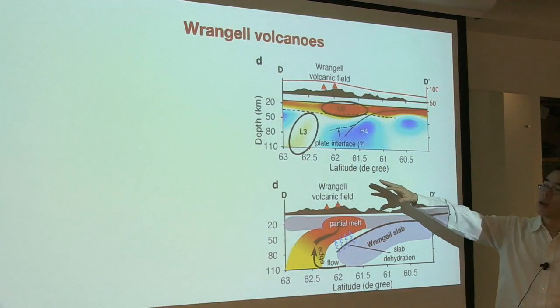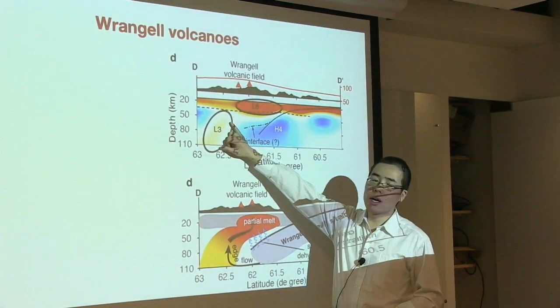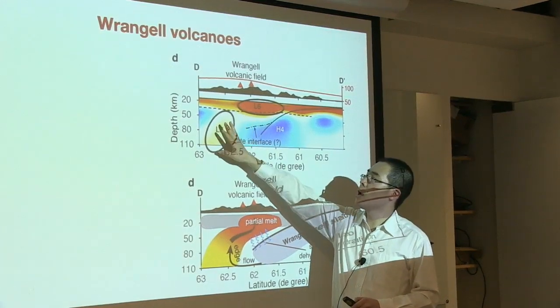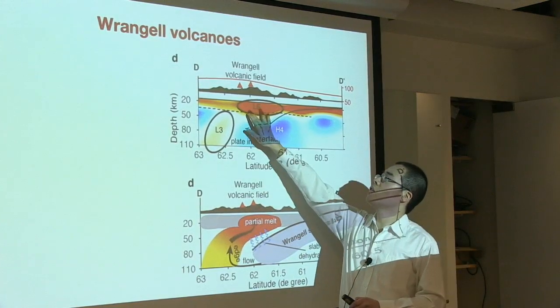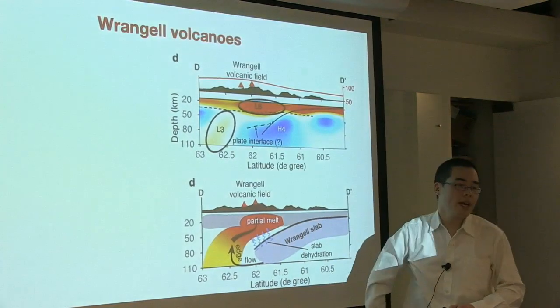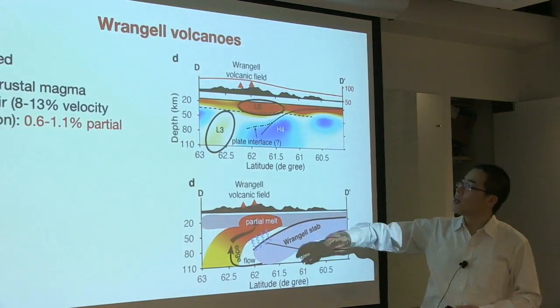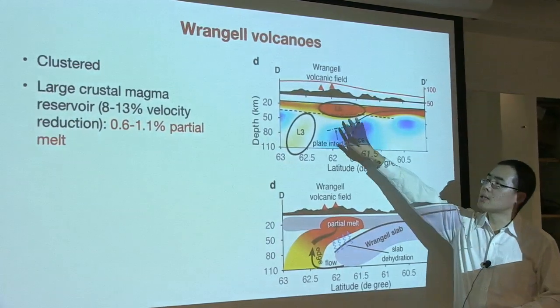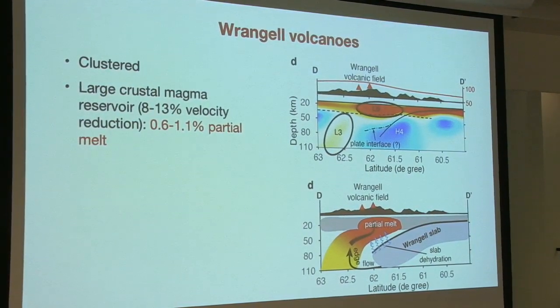Into the Wrangell volcanoes, we have two very interesting structures. One is the vertical low velocity columns here within the mantle wedge, and the very low velocities right beneath the Wrangell volcanic field. For the low velocities, we have low velocity in the crust. It corresponds to about 0.6 to 1.1% of partial melt.